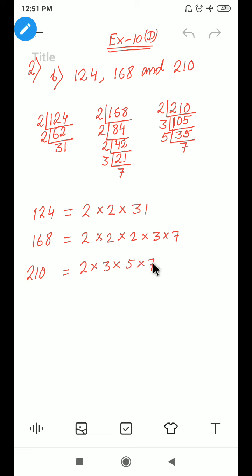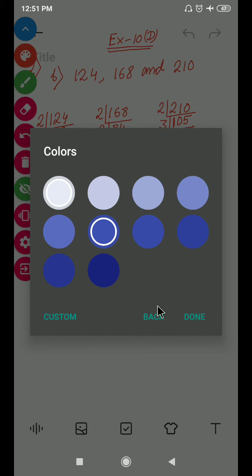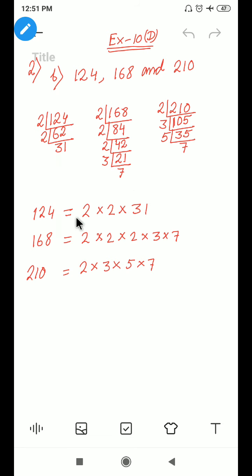So which are common here? You can see that 2 is the only common prime divisor in all of these three. Here there are two 2s, here three 2s, but in 210 you can only find one 2, so only one 2 is a divisor of all three numbers.